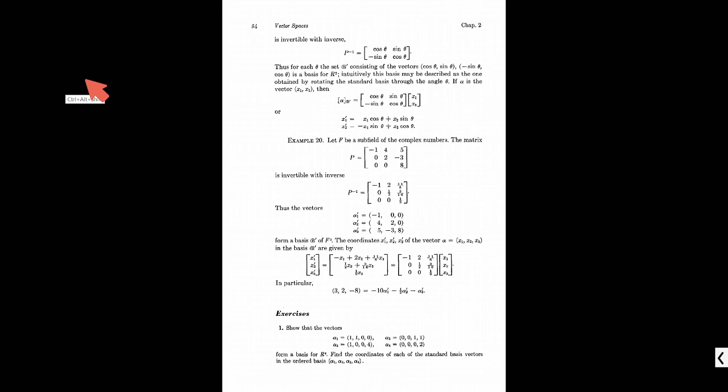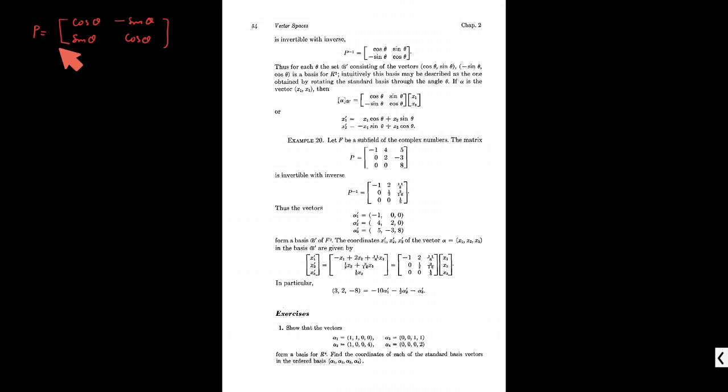Now we have example 19. In this example, we start with a matrix P. P has (cos theta, sin theta) as the first column and (minus sin theta, cos theta) as the second.